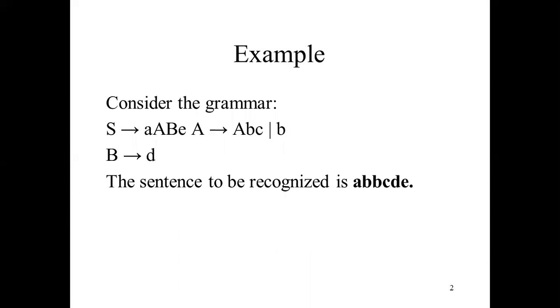Here it is given as capital S is equal to small a, capital B, small e. Okay, and then this is a different one. Capital A, the value is given here, capital A B C slash B.